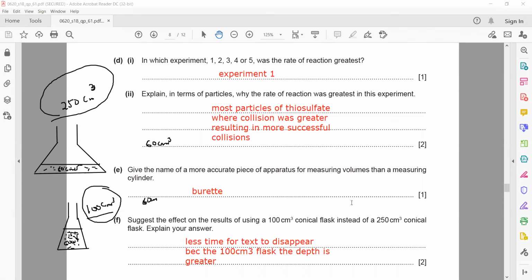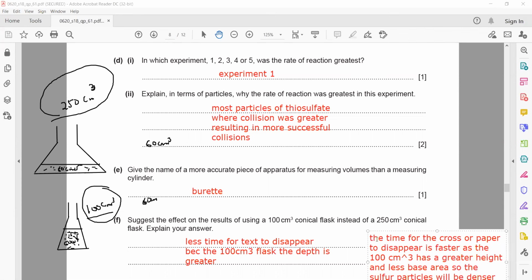So when the reaction occurs, the depth of the precipitate will be greater in the 100 cm cube conical flask as compared to the 250 cm cube conical flask. So you can see the text for a longer period of time in the larger flask because of the small thickness, while here the text will disappear in a short time because of the greater thickness or greater depth of solution or height of the precipitate. Is it clear?